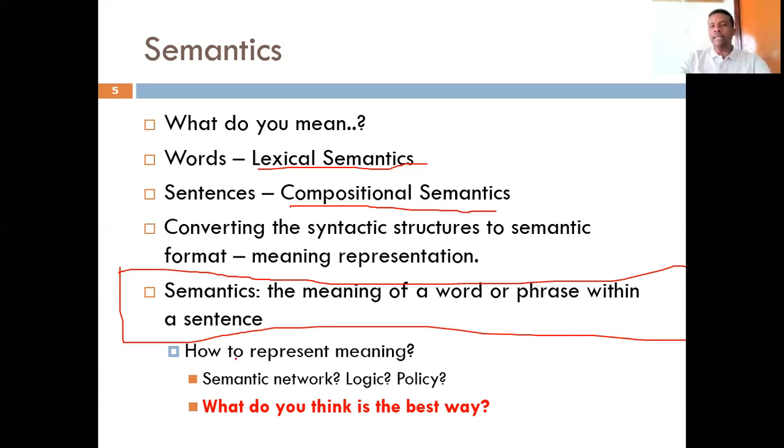So the idea in here is, mind you, in all those NLP applications, we're concerned about the representation. Now, how do you represent meaning? Representing the meaning of a word is very important for computational tasks. Are you going to represent it as a semantic network, or logic? These are very important decisions that you have to make.